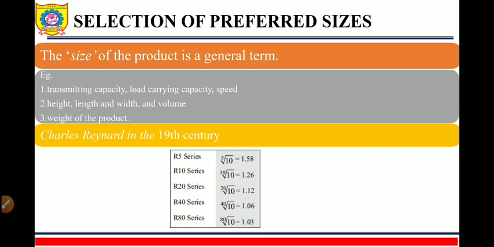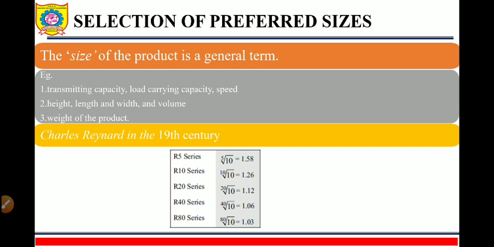Similarly for the 40 and 80 series. After 80, if we consider the R160 series, that is 160th root of 10, that comes very close to 1. That's why we are considering these 5 series, that is R5, R10, R20, R40, and R80.